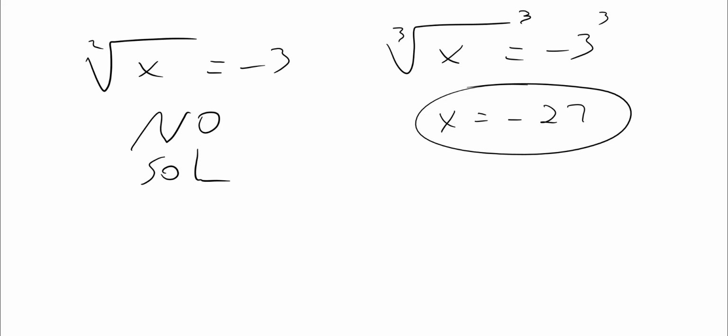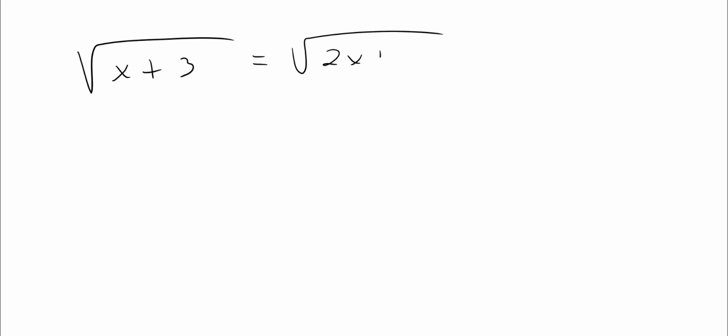Okay, so one last type of problem here. I'm going to do a couple examples here. But one last type of problem is if I give you the square root of x plus 3 equals the square root of 2x plus 5. So if you have a square root on both sides, you can't isolate, because you have one square root on one side and one on the other side. So this is actually easy. Literally, I'm going to square both sides just like I did before.